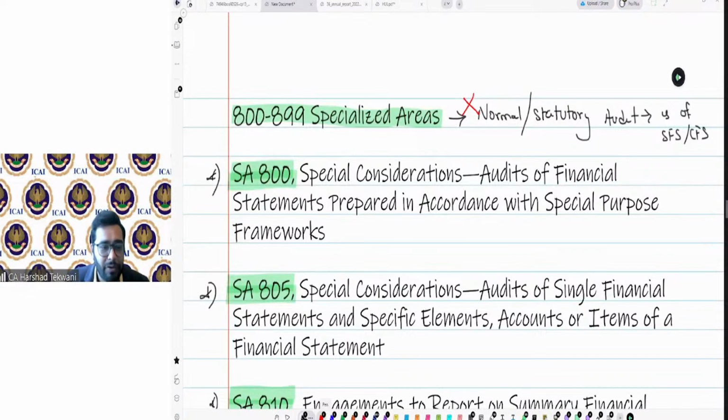Now a question can be asked: what if I talk about audit of financial statement prepared in accordance with the special purpose framework, but these financial statements are consolidated financial statements? Audit of financial statement, but consolidated financial statement, not standalone financial statement, and they are prepared as per the special purpose framework.